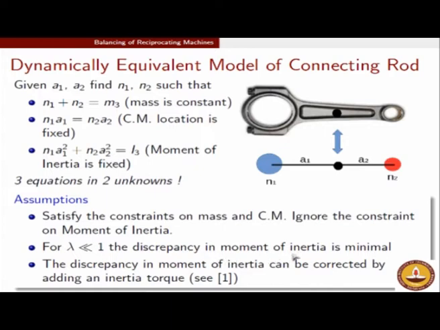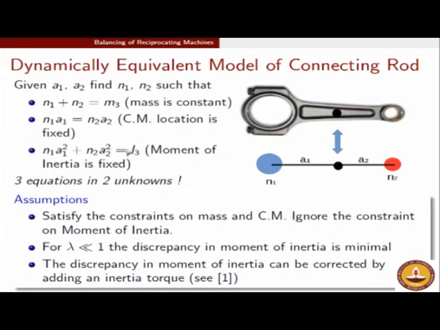The discrepancy in moment of inertia is actually minimal, and even if you think it is not up to your satisfaction to leave that moment of inertia term, this arbitrary step that we are taking can be corrected by applying an extra inertia torque, which is exactly what is given in the book, but for the want of time I do not want to dwell in that direction. In case you are interested, please read the book. It is given in Ghosh and Mallik's book.